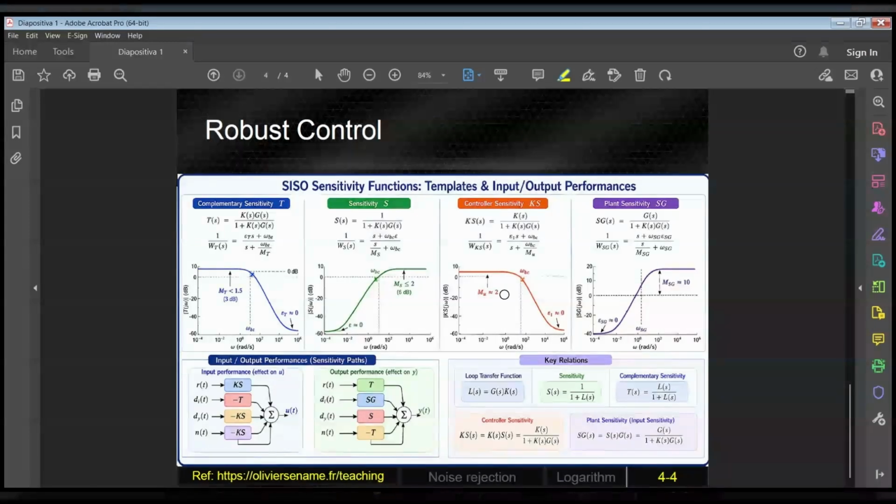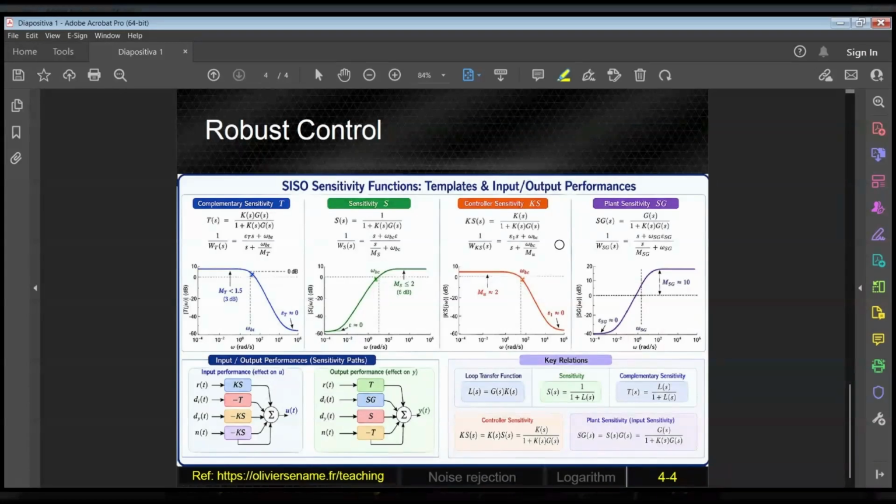Therefore, at low frequencies, we want enough control authority, and at high frequencies, we want the response to roll off towards zero. This helps to reduce the influence of noise and prevents excessive actuator activity. Unlike S and T, the acceptable peak value of KS depends on the actuator limitations and on the application itself.